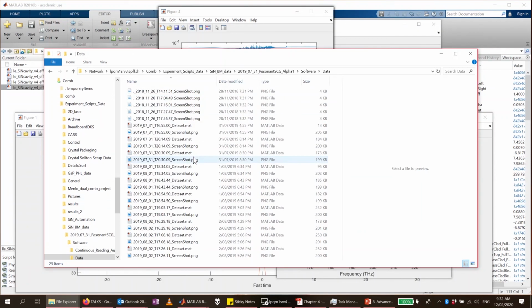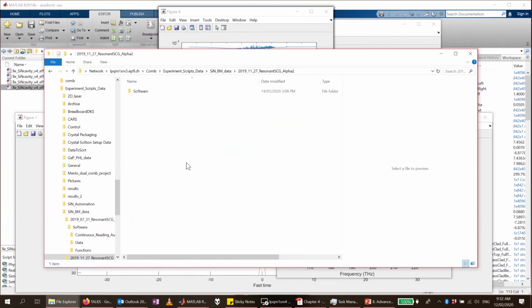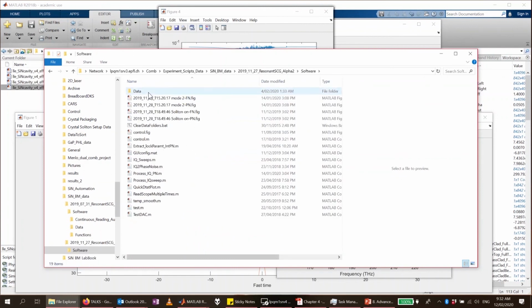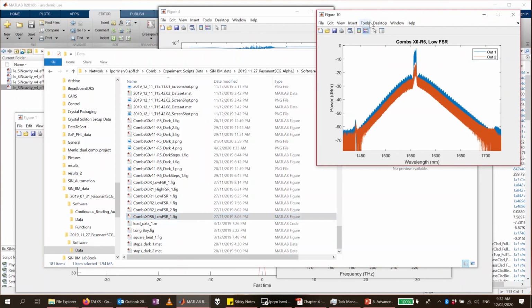I'm pretty sure it's here. Oh, no, it's actually in the other one. I'll show you. Here it is. X6, low FSR one.